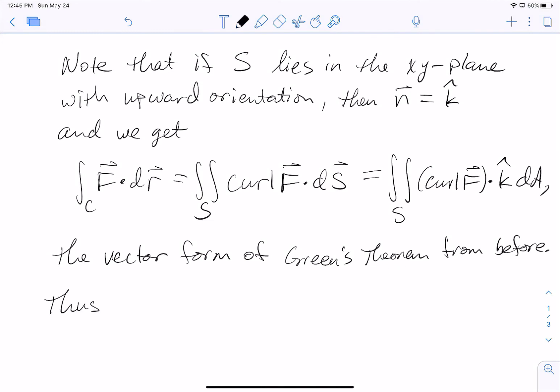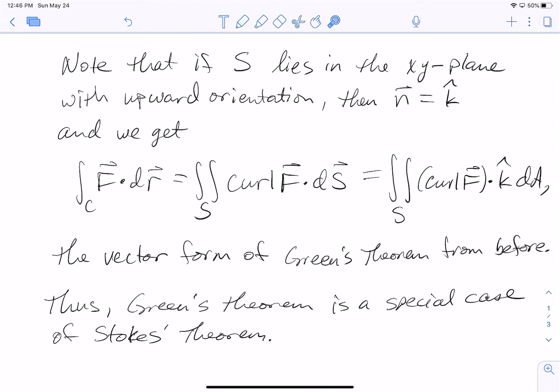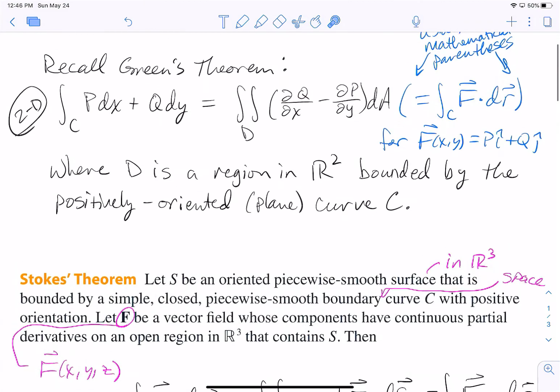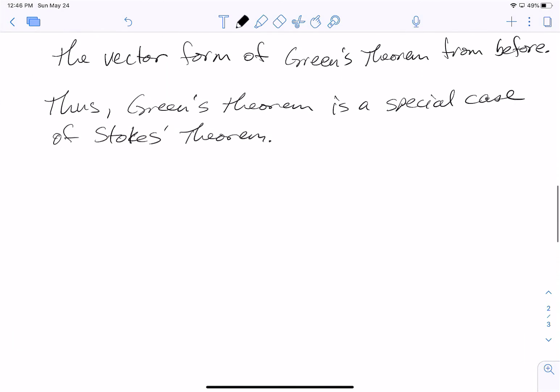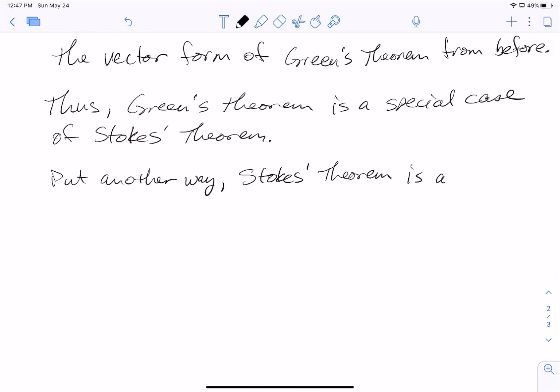In this way, Green's theorem becomes a special case of Stokes' theorem, where Stokes' theorem is in 3D, Green's theorem is in 2D. So to come back up here, we've already noted that Green's theorem was in 2D. Now I'm going to note that Stokes' theorem is in 3D. Put another way, Stokes' theorem is a higher dimensional version of Green's theorem.